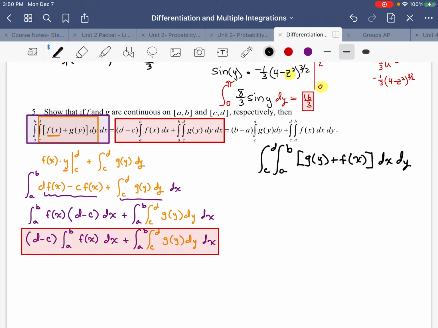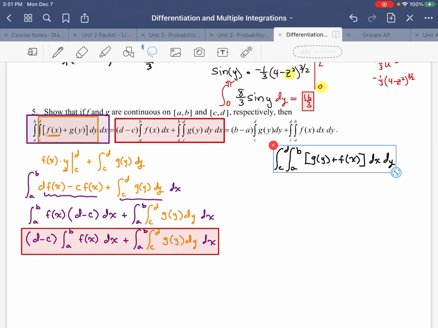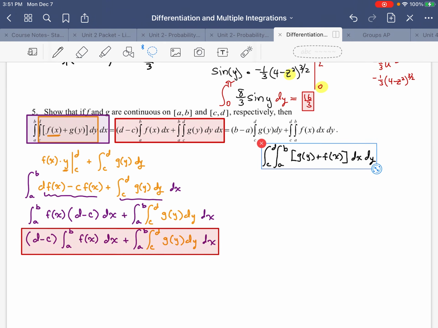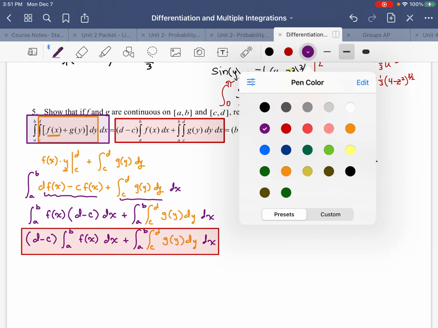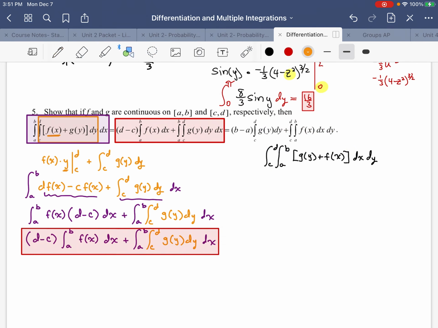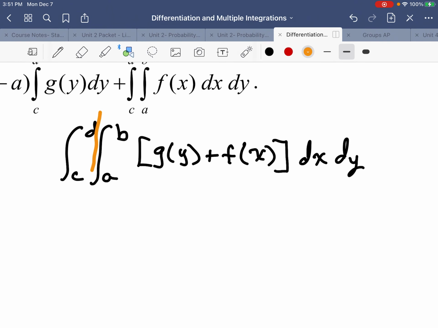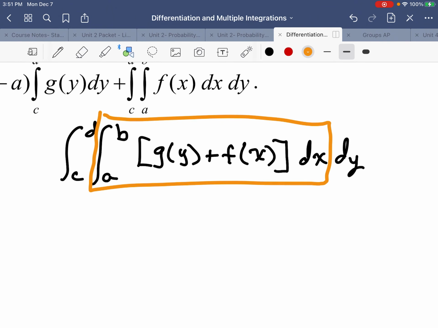Working inside out, I'm going to shrink it down a little bit and try to stay with a similar color scheme. So we have this piece right here.